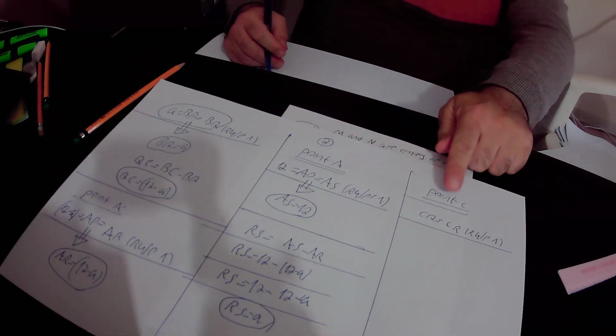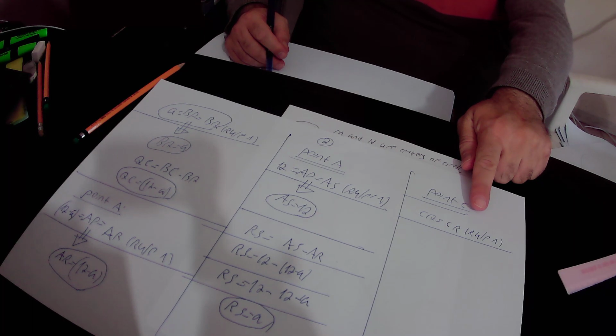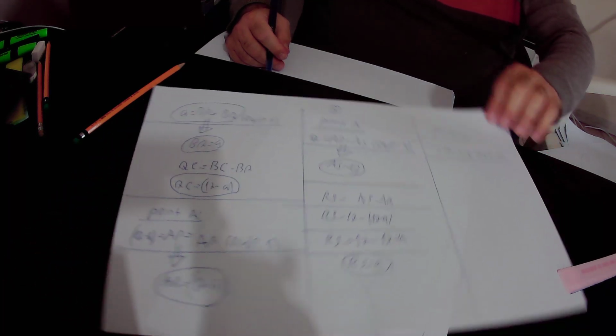That is to say, CQ is equal to CR, according to rule number 1.